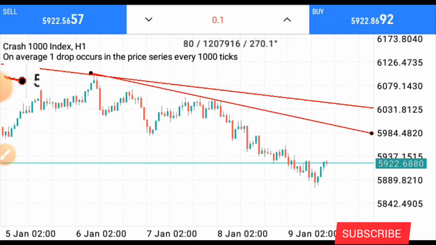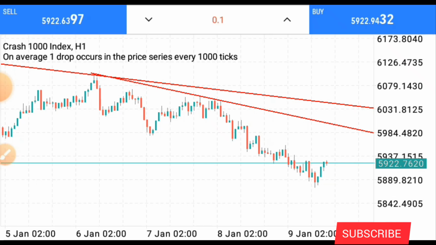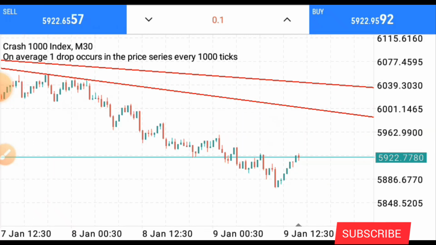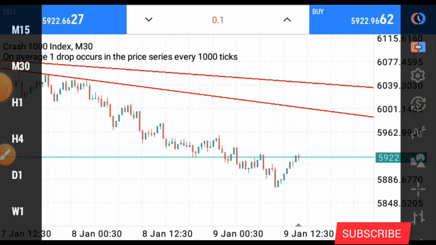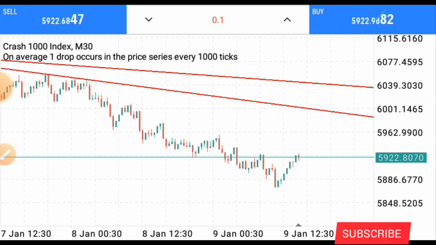This one is still far, so I'll move down to the 30-minute time frame and draw another trend line.